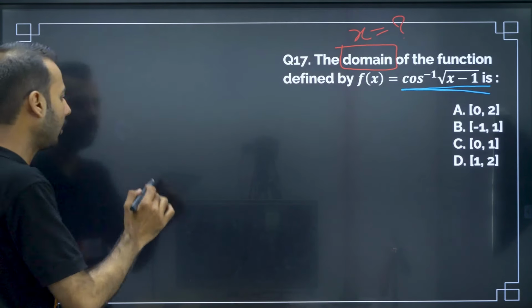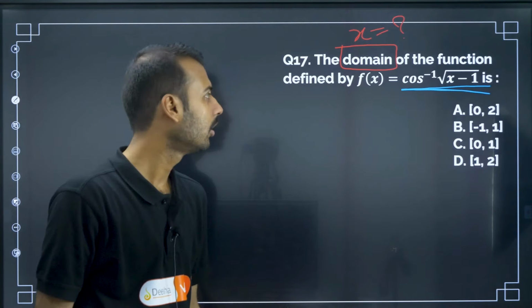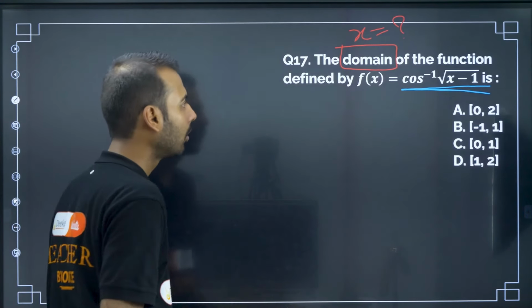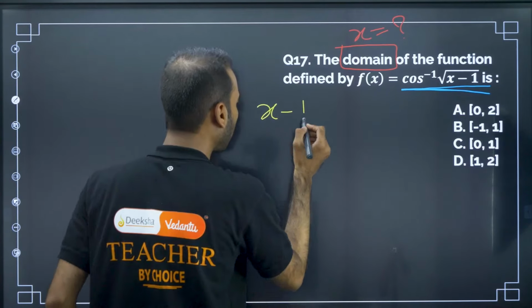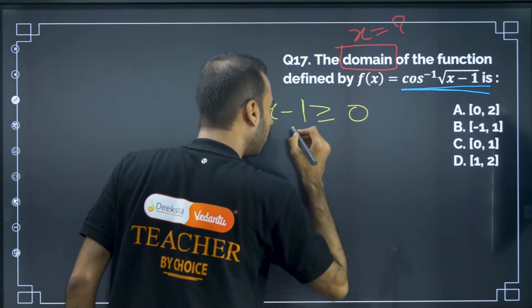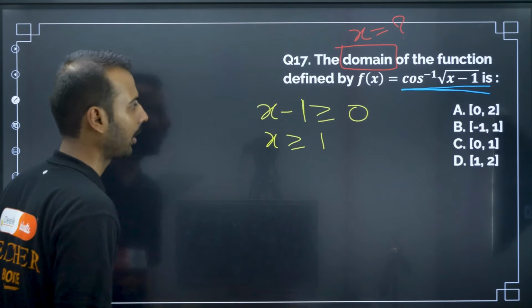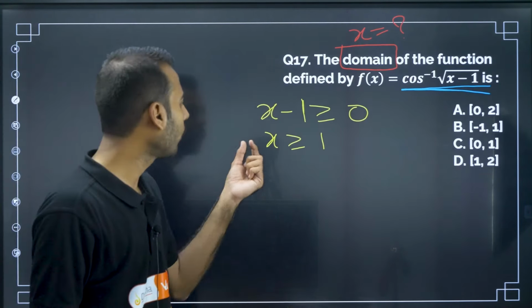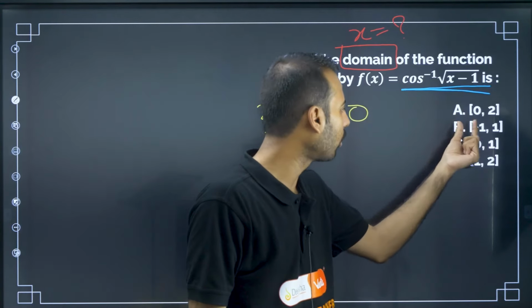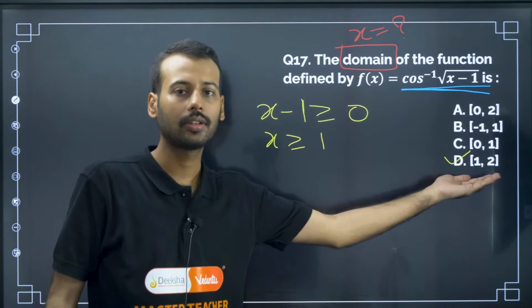Every time I say in my previous videos also, the moment you see a square root, whatever is inside that square root has to be greater than or equal to 0, which implies x is greater than or equal to 1. Now if you go through the options, x is greater than or equal to 1, D is the only option. So the answer for this is D.